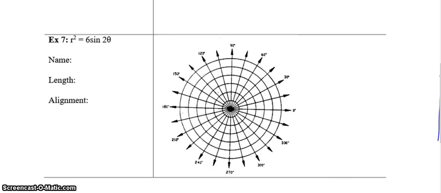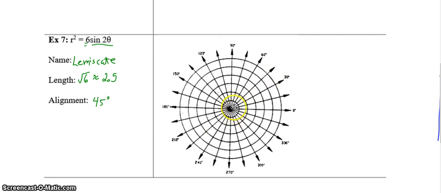How about here? Got r squared and 2 theta. I mean, Lemniscates, so we're going to have our figure 8. Length. Well, what's the square root of 6? That's going to be about 2.5-ish, close enough for what we need. And because it's the sine of 2 theta, the alignment is along 45 degrees.